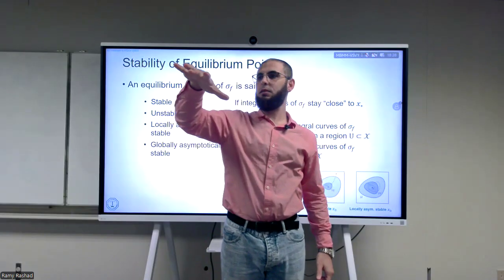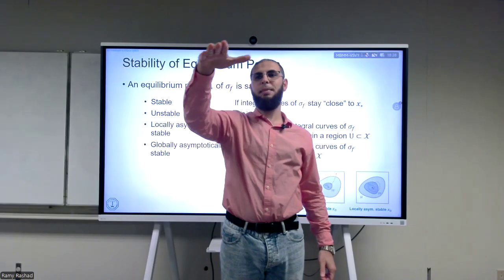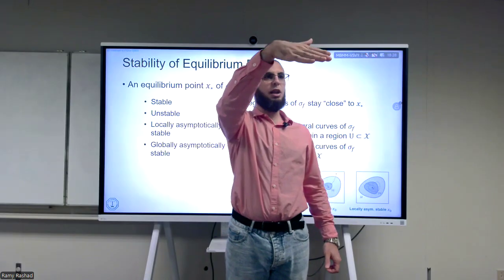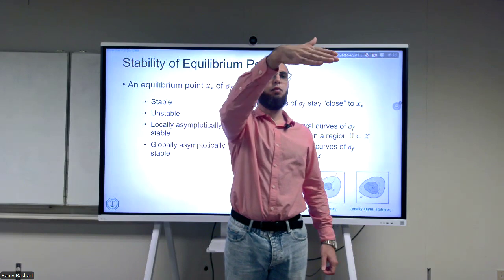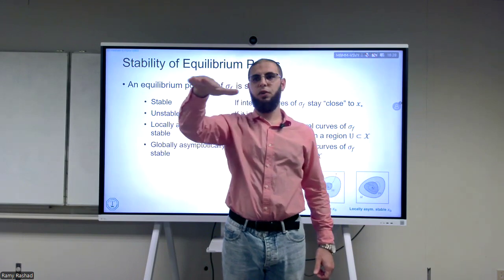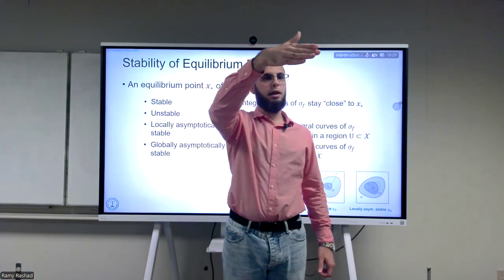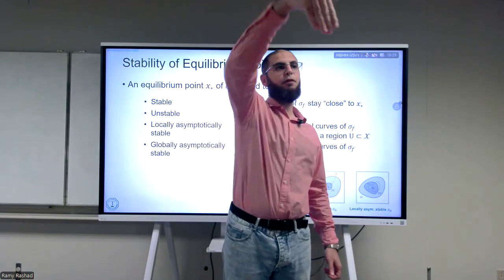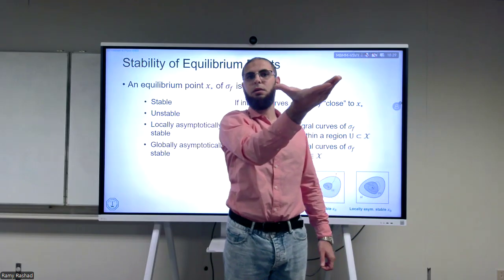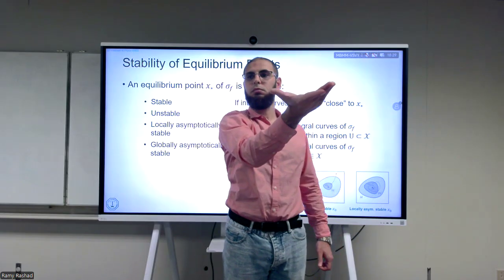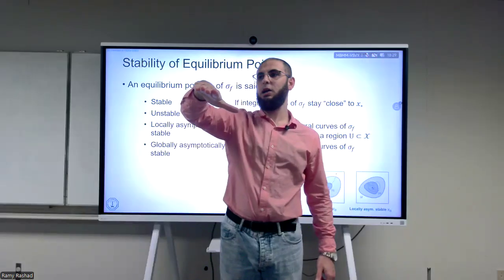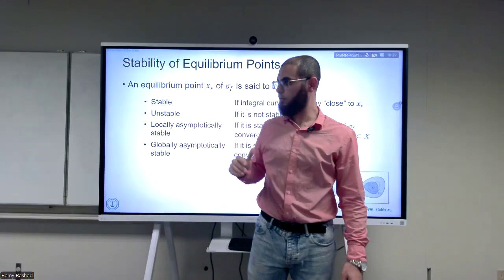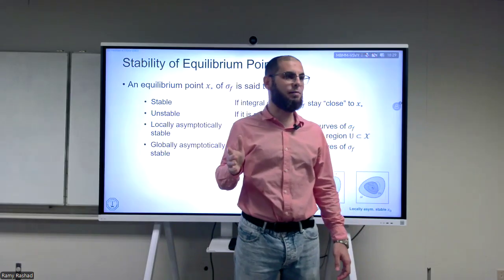This is the equilibrium point, and I make it start from an initial condition, a small initial error in the orientation. What happens to it? It just converges like this, right? Then I make the angle a little bit bigger, and it still goes back. I make it very big, for example I flip the drone upside down, and the controller is not able to bring it back up. This we call locally asymptotically stable.